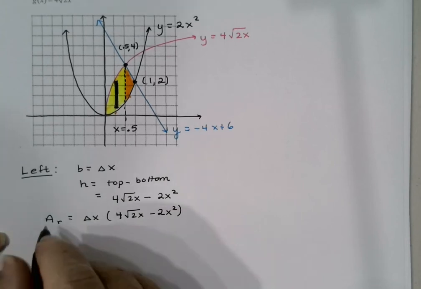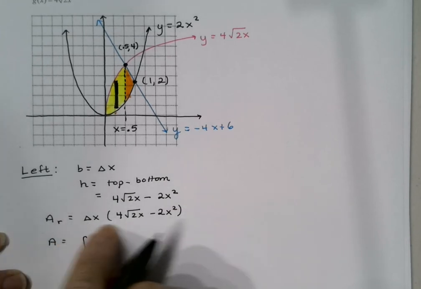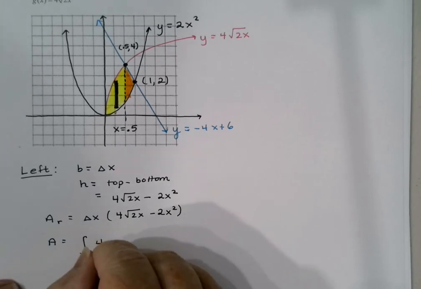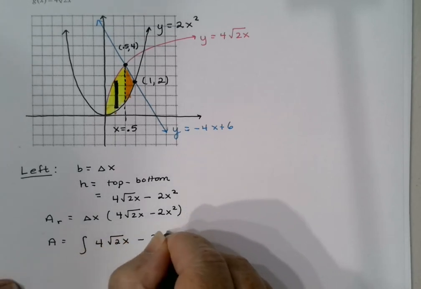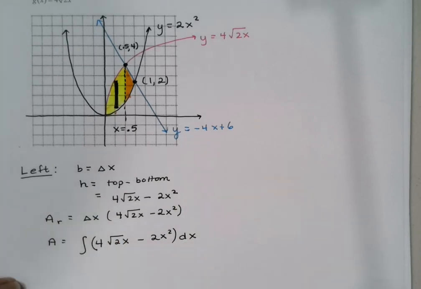The total area, I'm going to integrate in order to sum up all the areas of the little rectangles. For square root 2x minus 2x squared, the delta x becomes dx. And then let's see, my limits of integration.